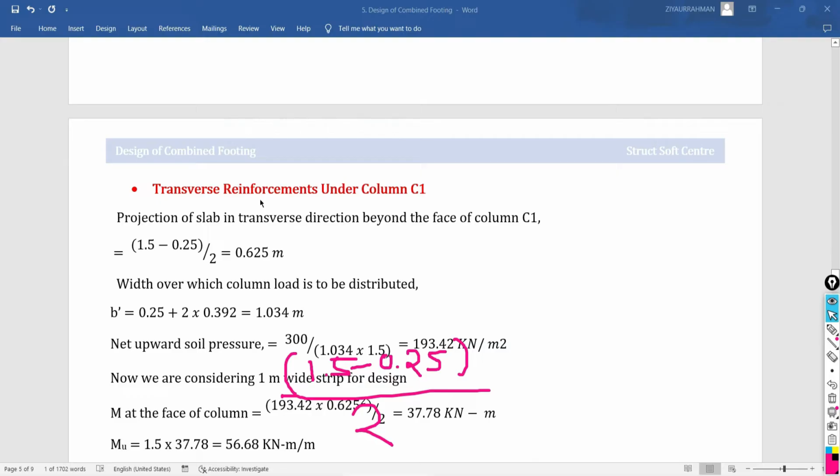So we are going to do the calculation for the transverse reinforcement for the column first. Projection of the slab in the transverse direction beyond the face of column C1: what is the formula? 1.5 minus 0.25 divided by 2. So we are getting the projection as 0.625. Thereafter, what is the width over which the column load is going to be distributed? I am going to represent it by B dash.